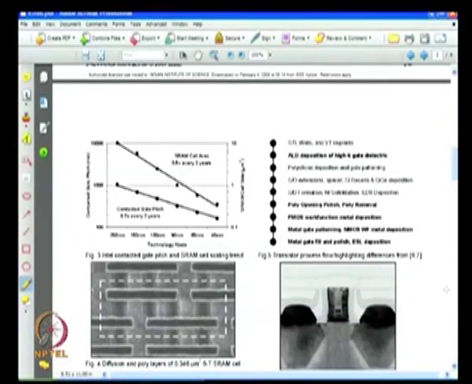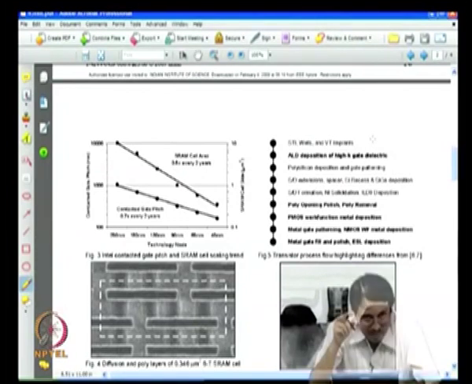So, what is the typical process flow? They do STI, shallow trench isolation, wells, and adjust the VTs. They deposit high K gate dielectric using atomic layer deposition. ALD is atomic layer deposition of that dielectric. They do a disposable gate, metal gate, remember the discussion that we had.